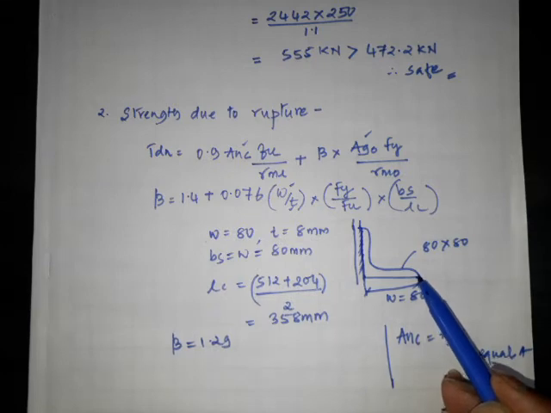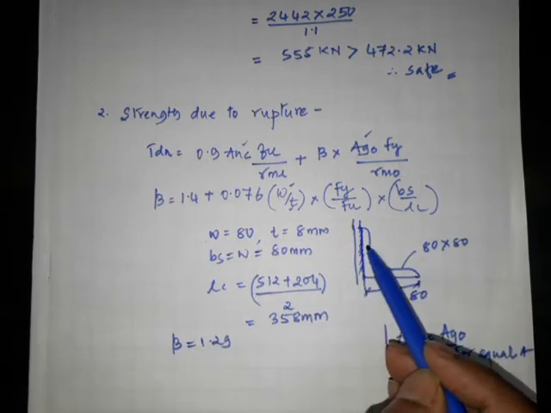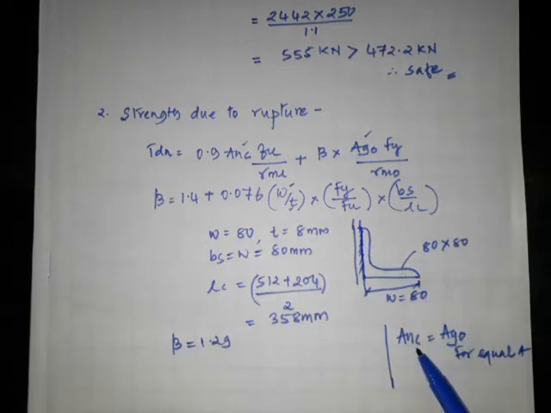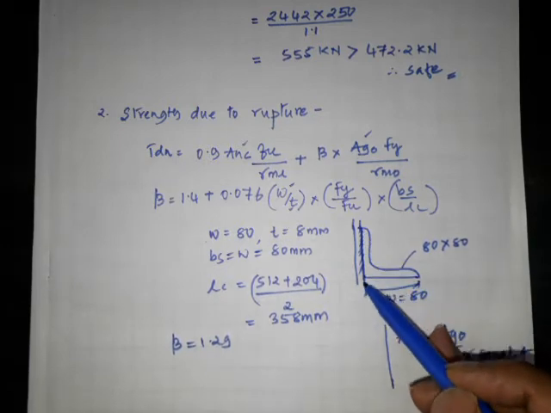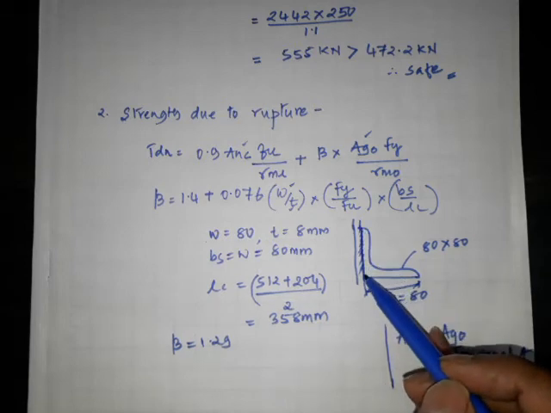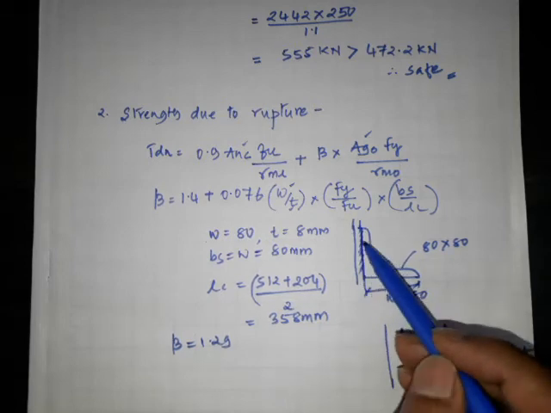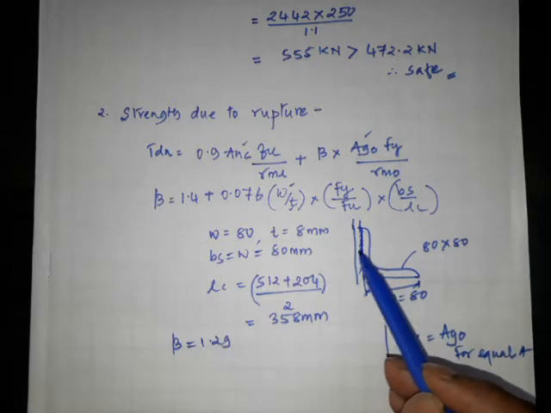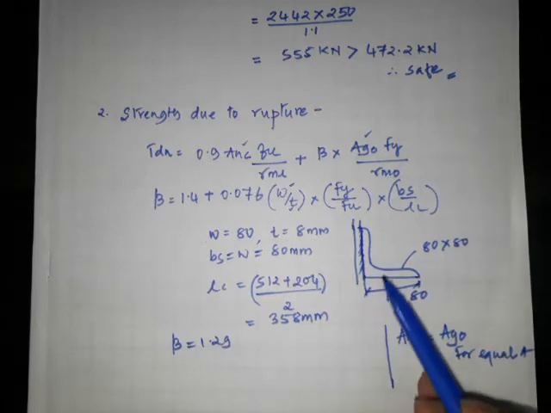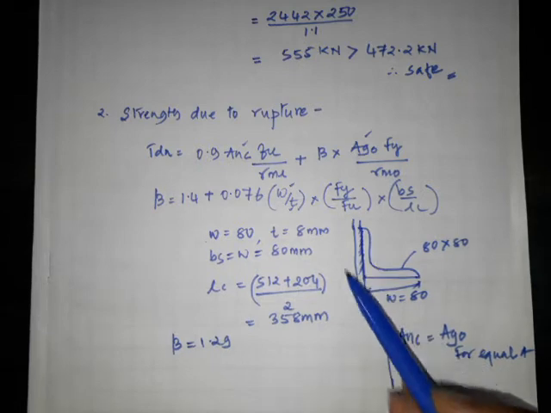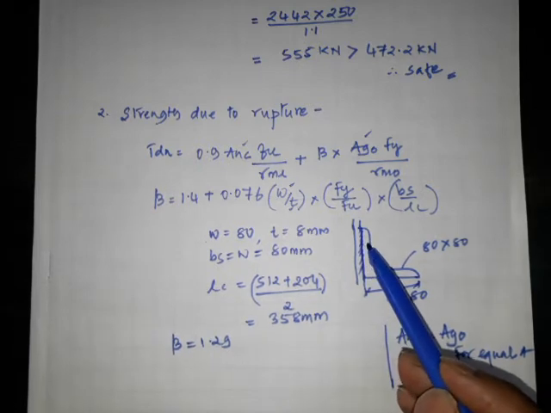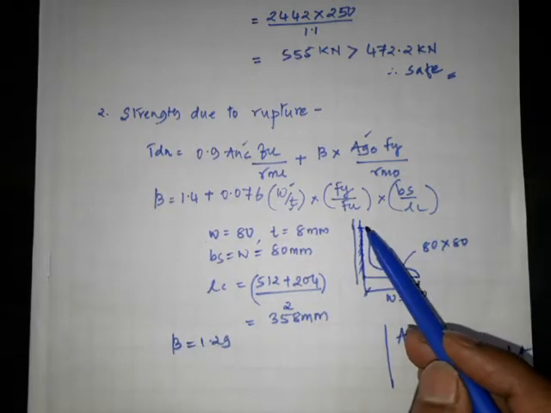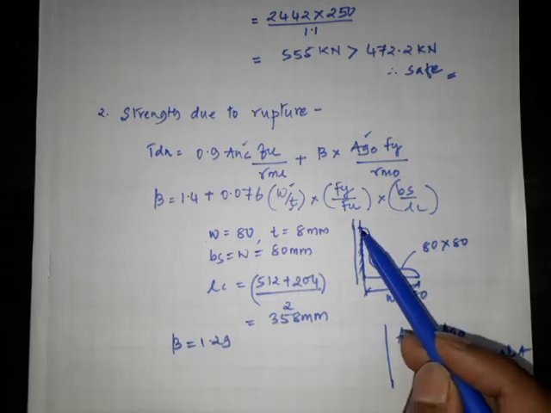Generally, in the case of a bolted connection, we have to deduct the bolt hole from ANC when we calculate it, because it is the area of the connected leg. If it is a bolted connection, we need to deduct the bolt hole diameter. But here there is no bolt hole, because both the legs are solid.